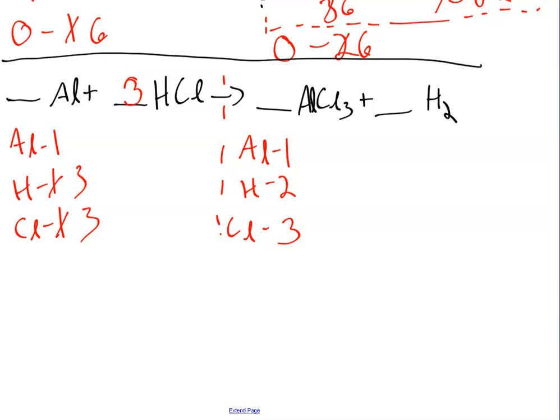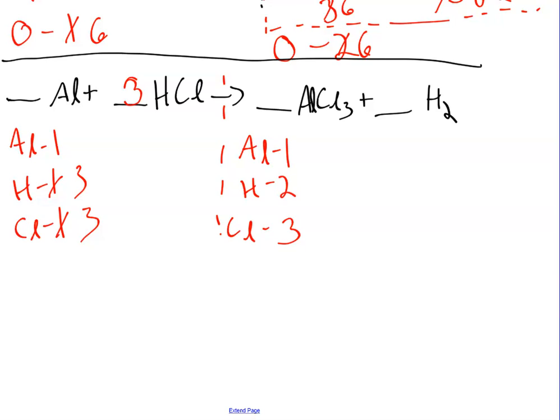Because we have 2 hydrogens and 3 chlorines, we need to find a way to make this balance out. So we're going to try to find a common number between 2 and 3. A common number between those two would be 6. So I want to end up with 6 chlorines and 6 hydrogens.